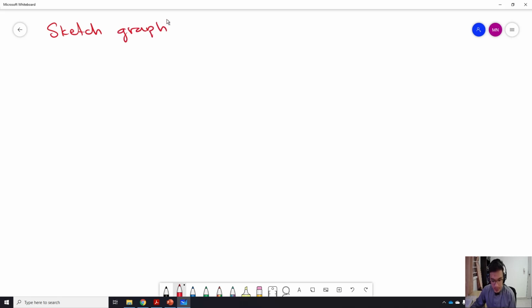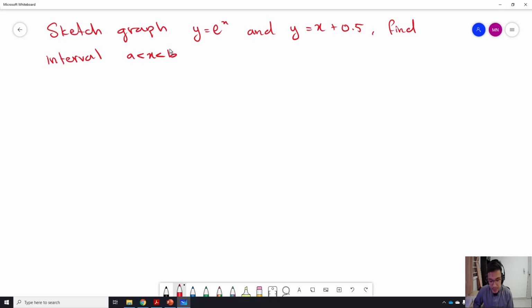Our next example is to sketch a graph. Sketch the graph of y equal to e to the power of negative x and y equal to x plus 0.5. Then find the interval for the root, where there is a root in between a and b.